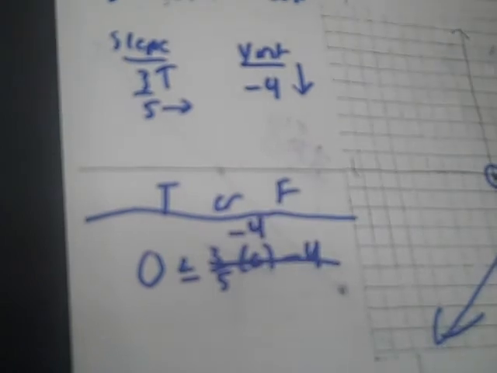Got to get rid of that side. So 3/5 times 0, minus 4. I got -4. What's smaller? Well, -4 is smaller. Nose is not pointed towards that number, so that sign is not correct. That's false. So F, and the other side's true.